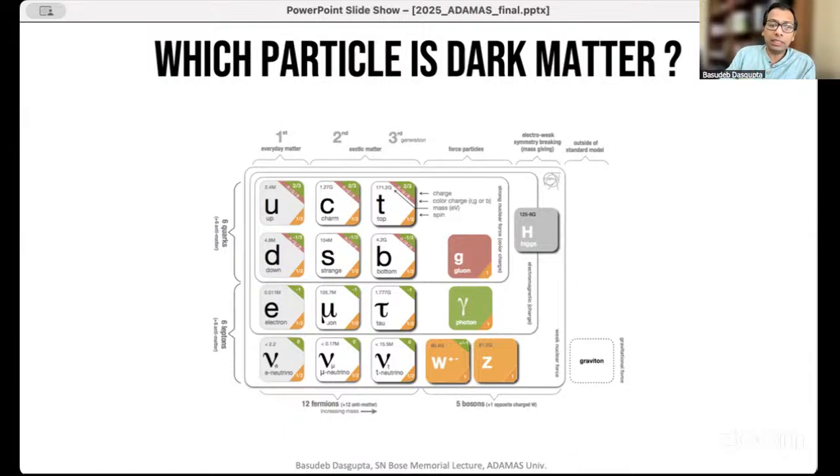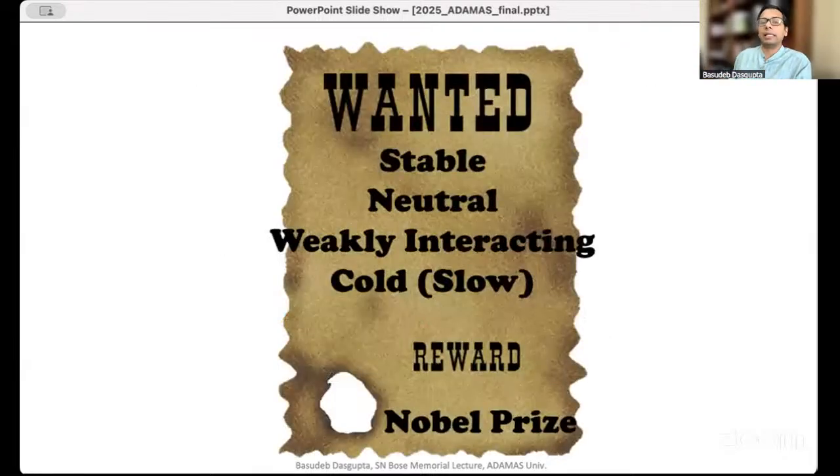So that basically kills all our available candidates, and we have nothing that we know of in basic standard physics that could take the form of dark matter. So if you believe in a particle origin of dark matter, you need a new particle. And the features of this new particle are that it has to be relatively stable.